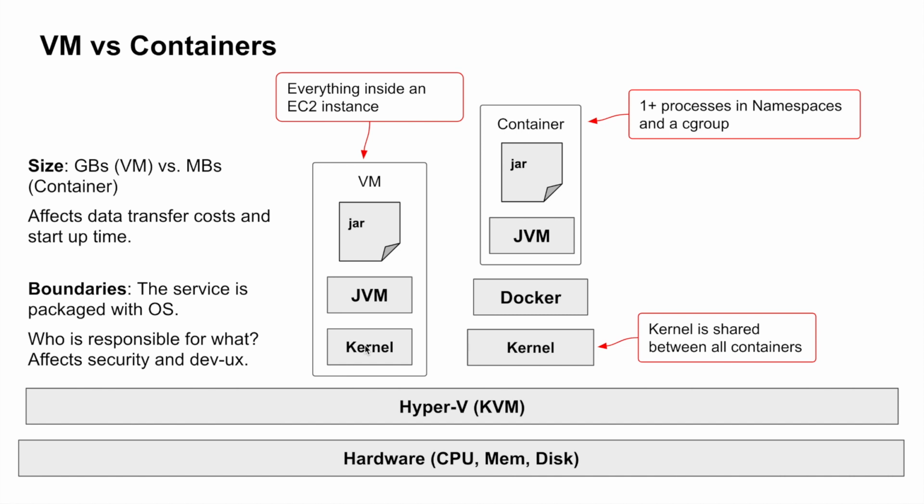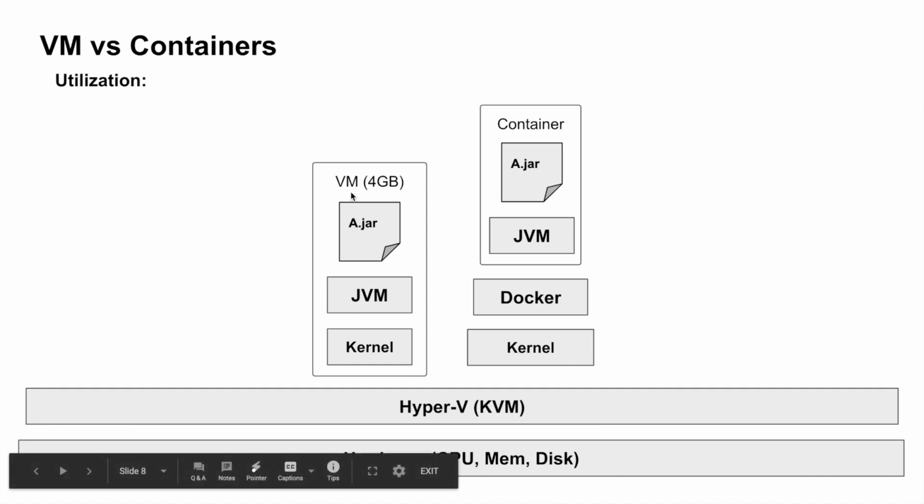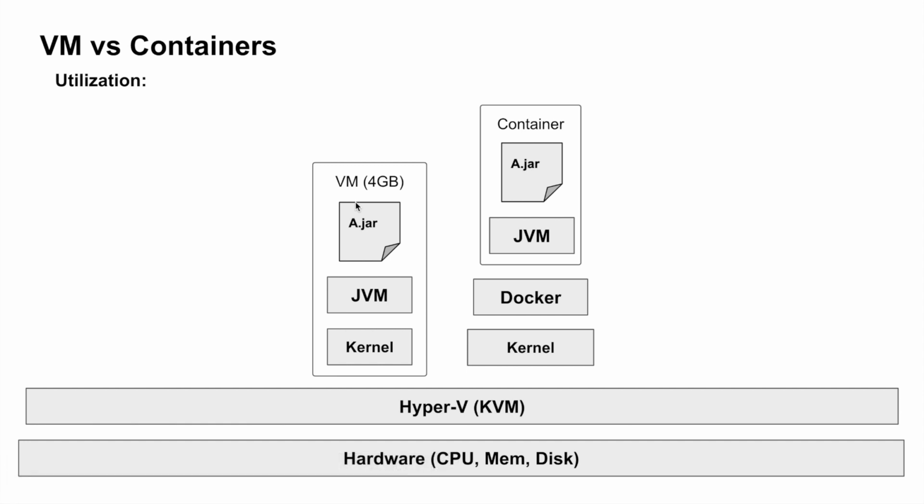The third difference that I want to point out with virtual machines and containers is this idea of utilization. Say I had a JVM app like a.jar. If I wanted to run this in a virtual machine, typically the smallest virtual machine practically has 4 gigabytes of memory.